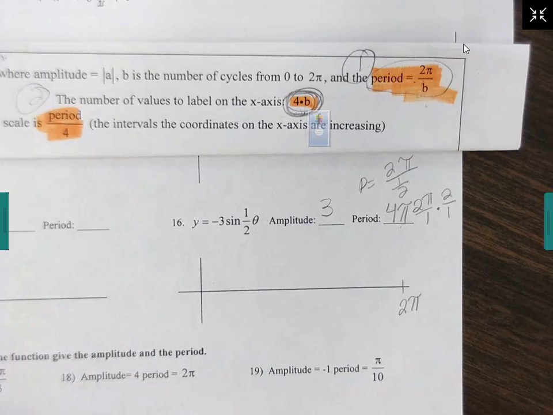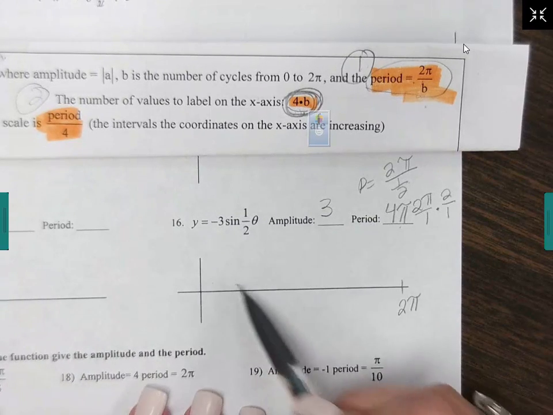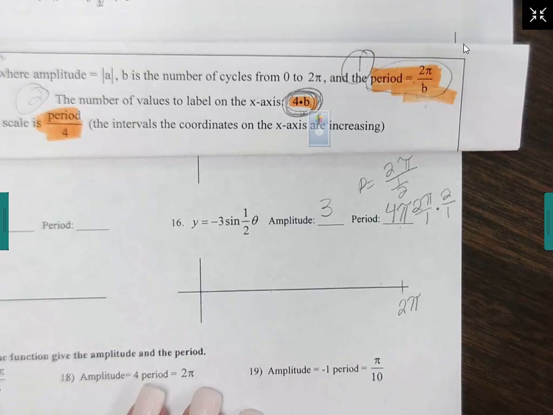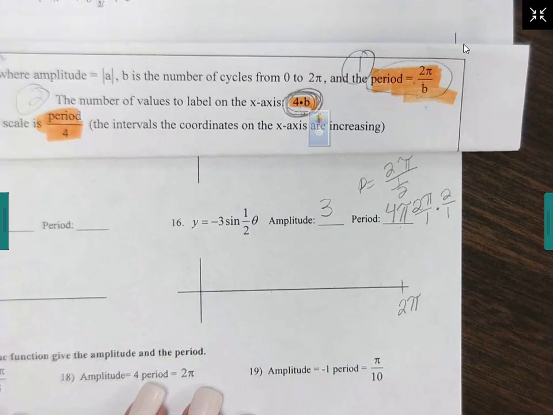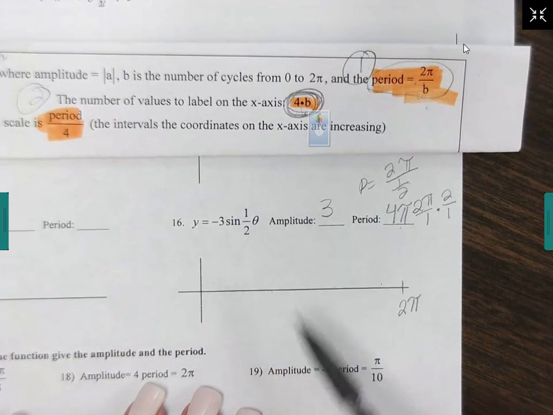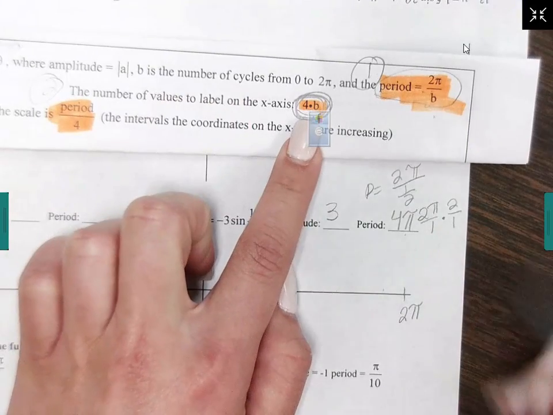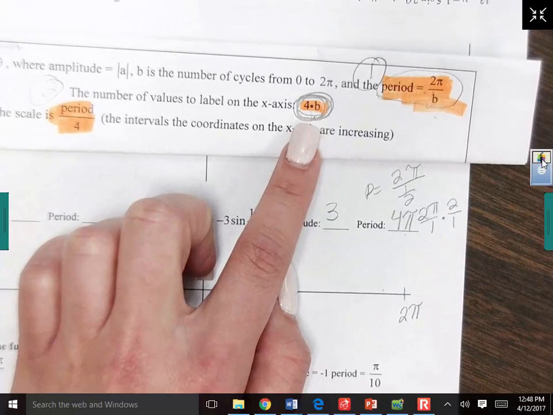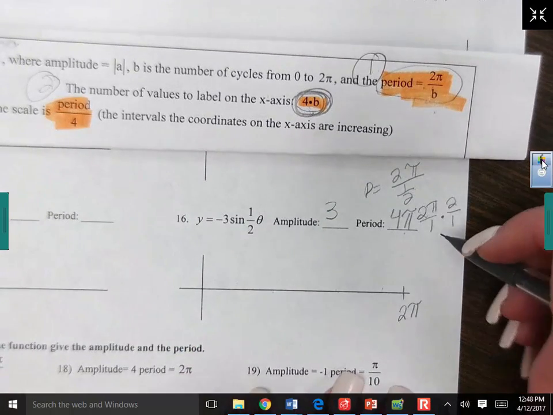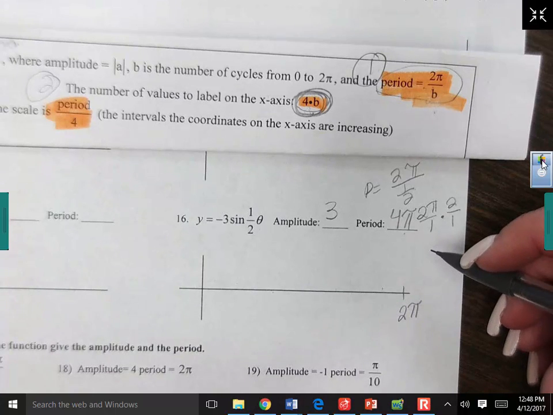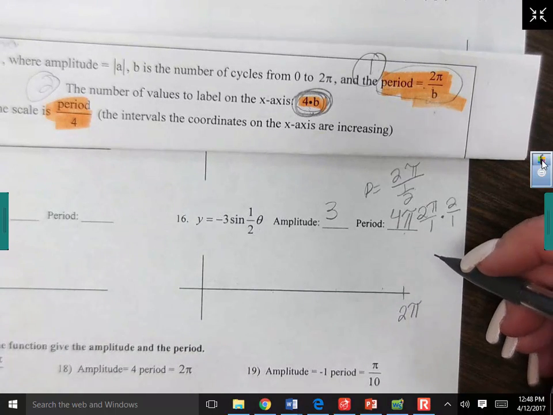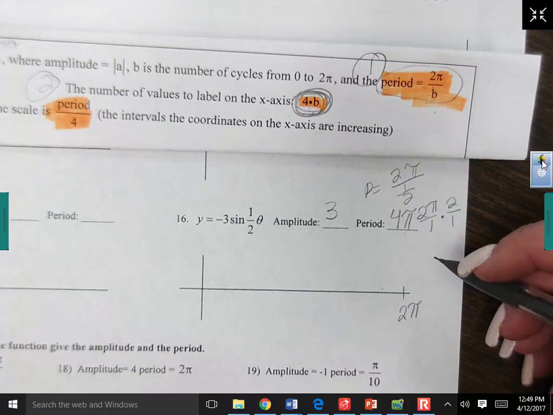So, Alyssa, how many sections am I breaking this up into? The number of values that we're going to label here is 4 times B. So what is B here, Alyssa?